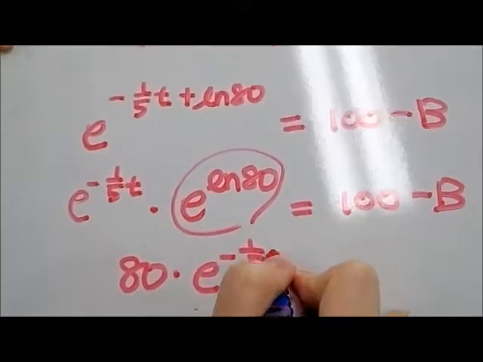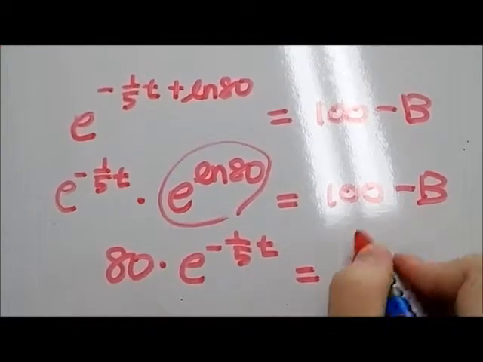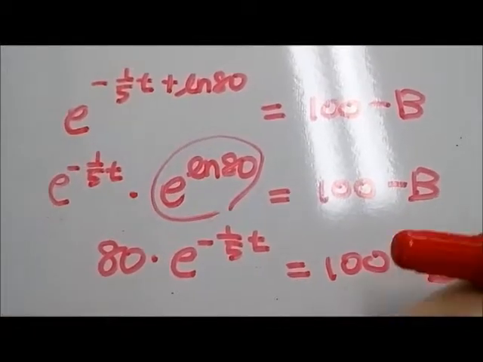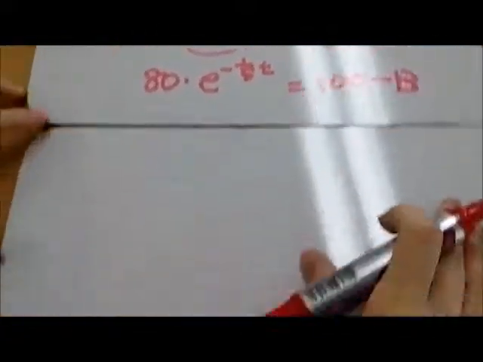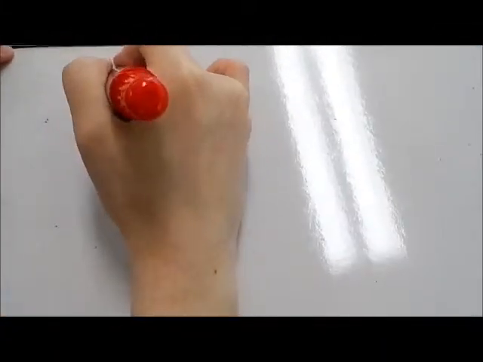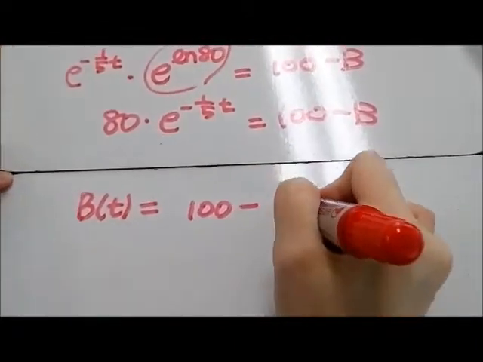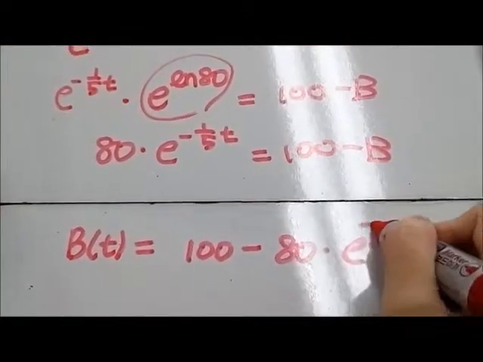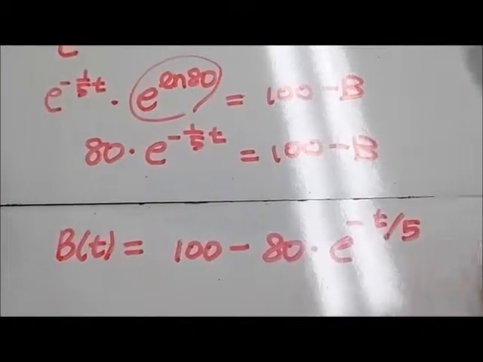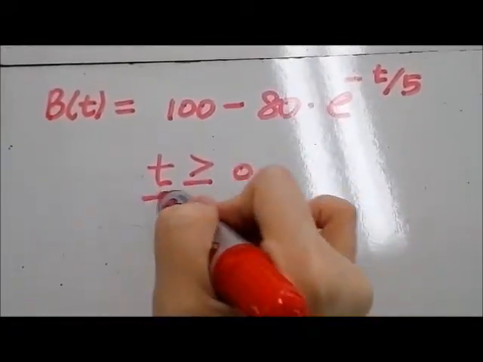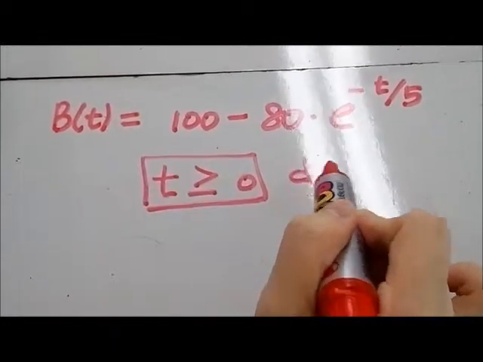And so the equation becomes this. And by switching the places of the variables here in order to write it in terms of b of t, we get 100 minus 80 times e to the negative t over 5. And this is when t is equal to 0 or larger than 0, since t refers to days.